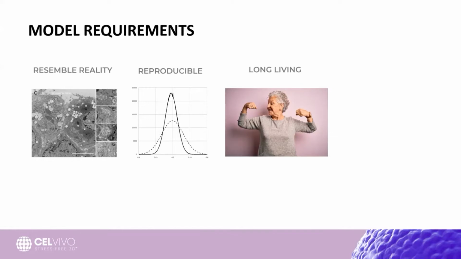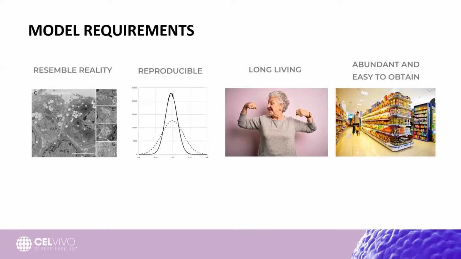Secondly, it should be long-living, so you can do chronic exposure, for instance. And it should be abundant and very easy to obtain. So you need a robust protocol to develop your model. All of these characteristics have been shown to be possible when working with 3D cell culture.